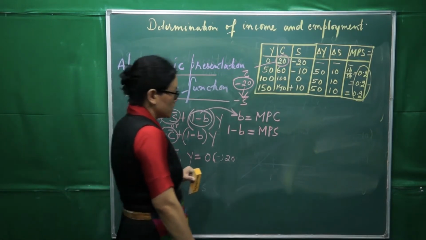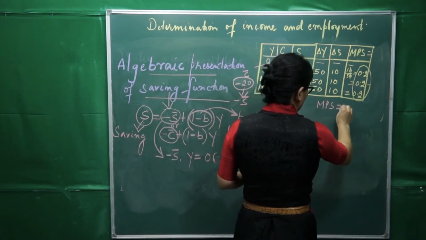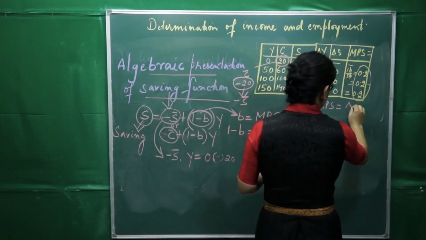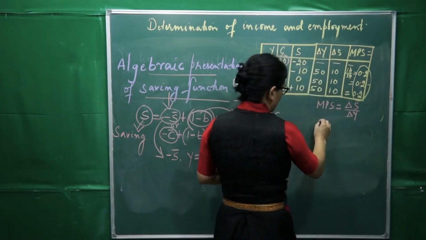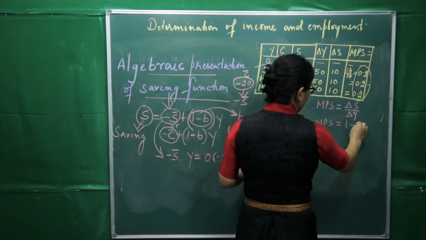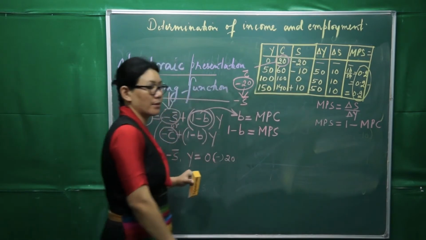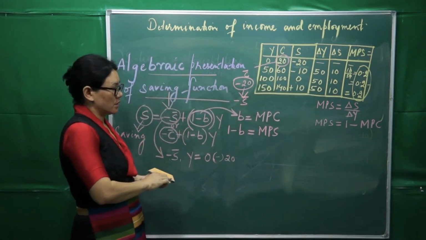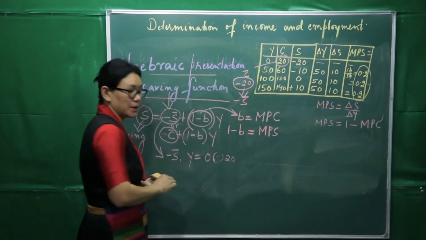We get the formula MPS is delta S upon delta Y, and MPS will be 1 minus MPC. So 1 minus b will be equal to MPS.